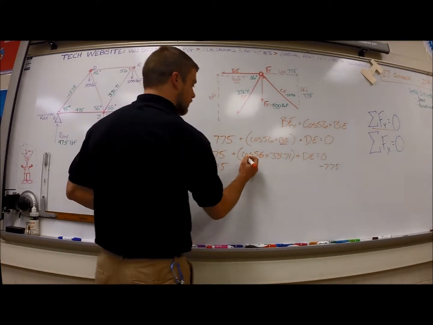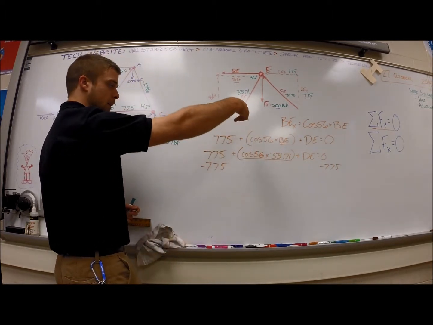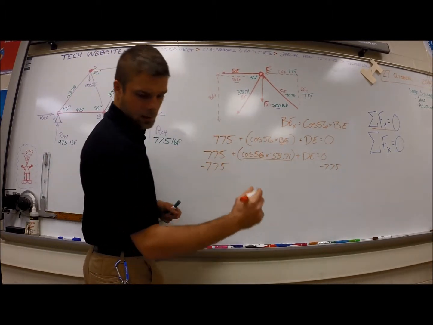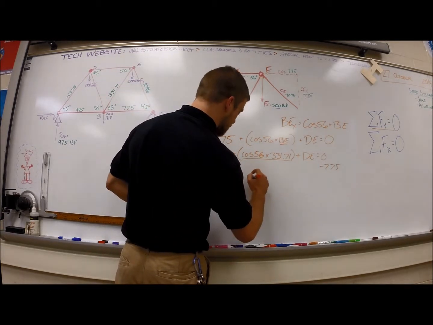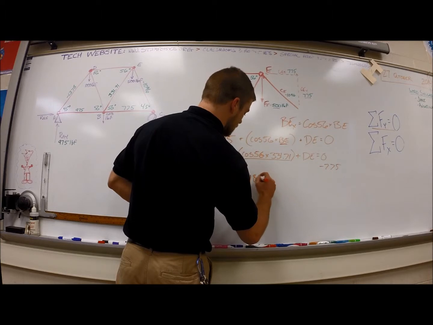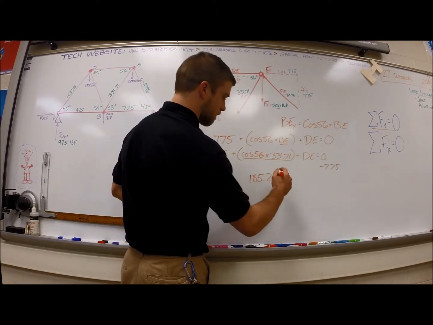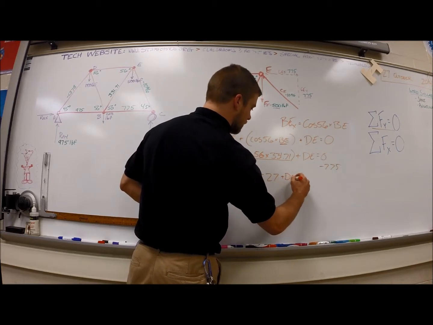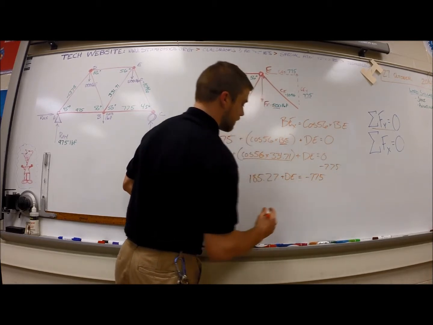If we run this through our calculator, 331.71 times the cosine of 56, we should wind up with 185.27 plus DE equals negative 775.